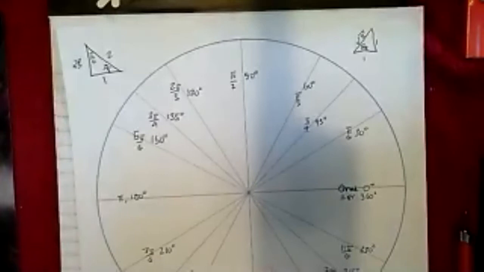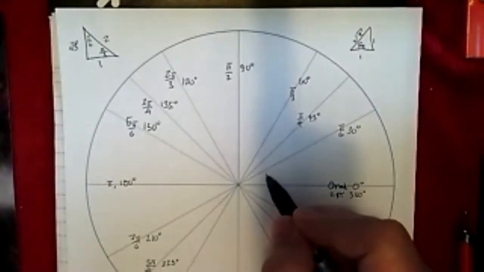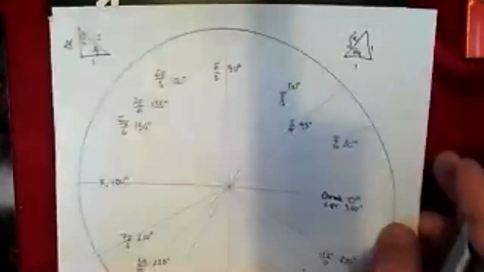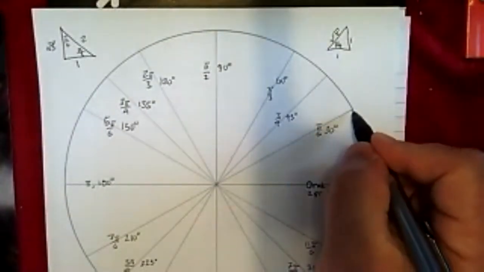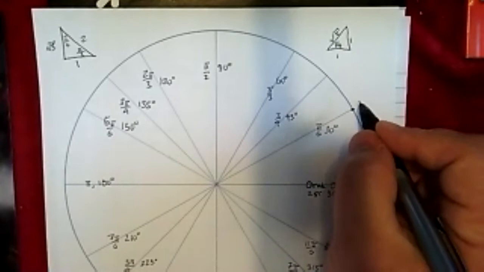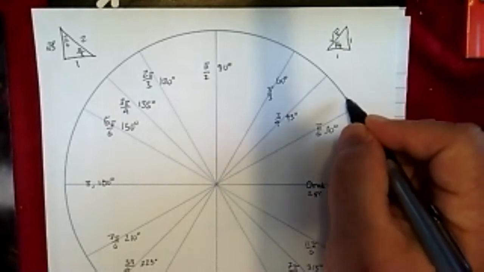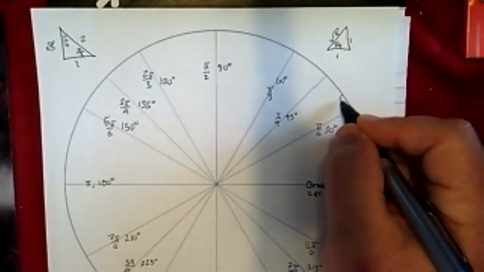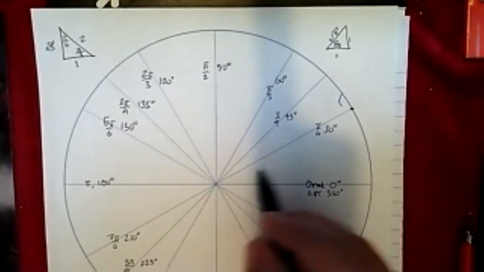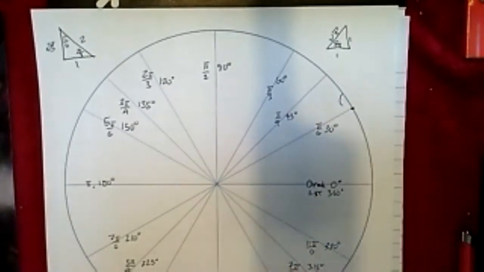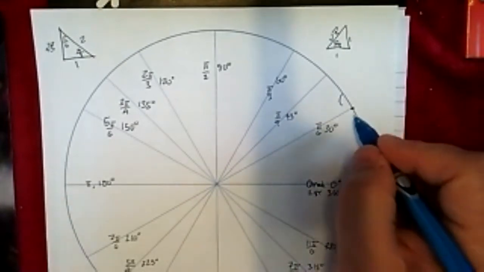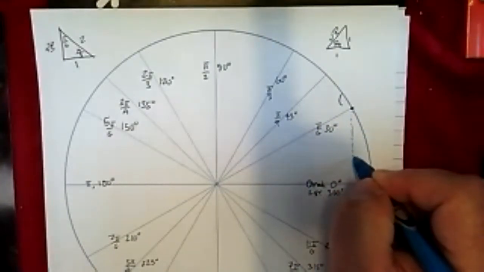So when I look at this first angle right here, I see the angle is in fact pi over 6. And what I want to do is find out what the x and y of this point are. So I want the x comma y. Now you can see, if you imagine this triangle right here, let me draw it with a blue line just for reference.